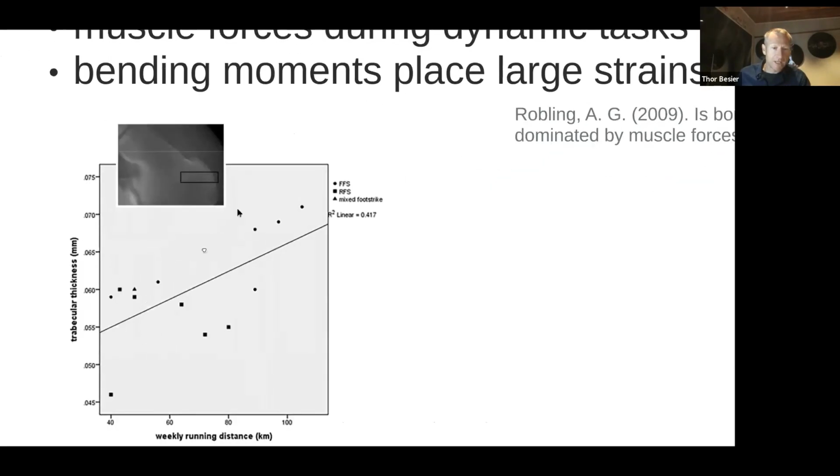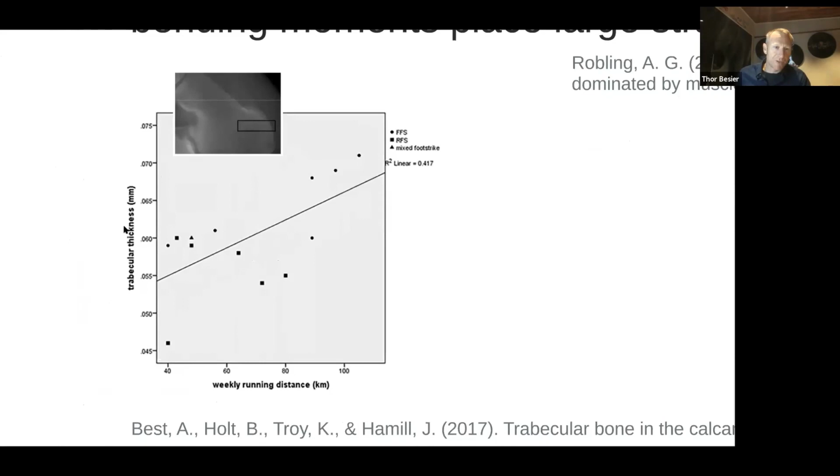What we're seeing is a relationship of the thickness of the trabecula in the calcaneus in this cohort of runners, and you can see as the running distance increases, these people over here typically perform more running than people over here. There's some sort of positive relationship, which is not so surprising. The runners that do more running have slightly more dense bone than these do.